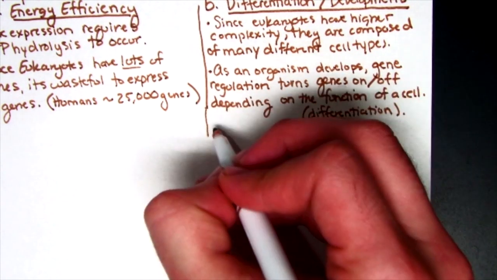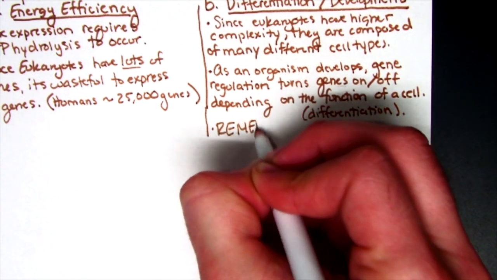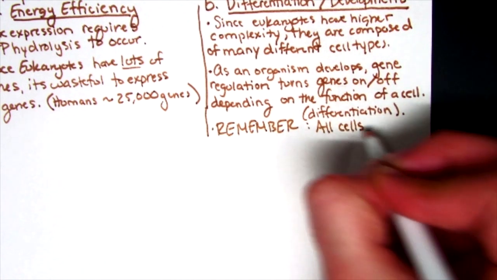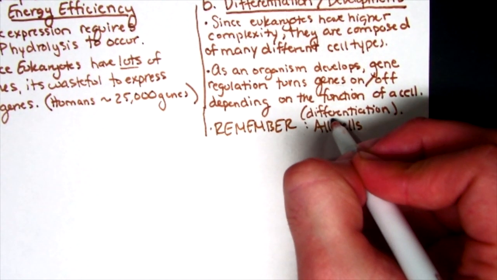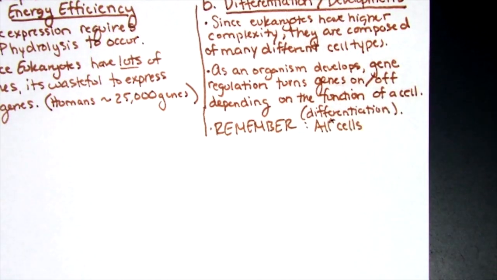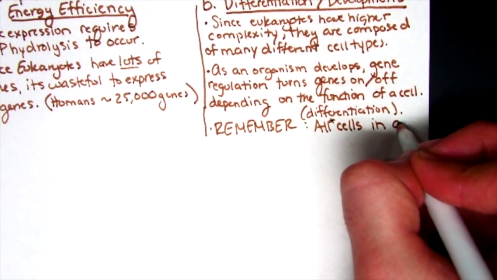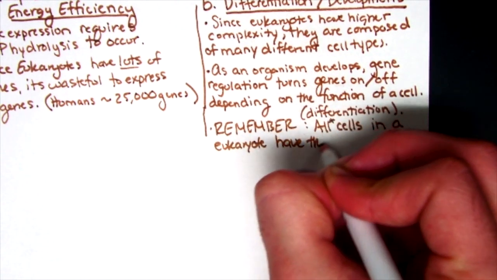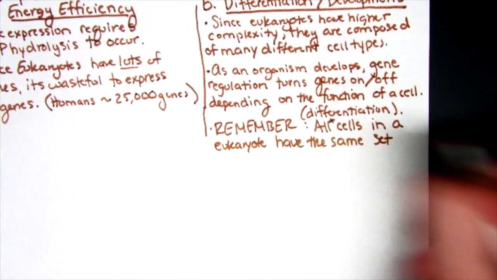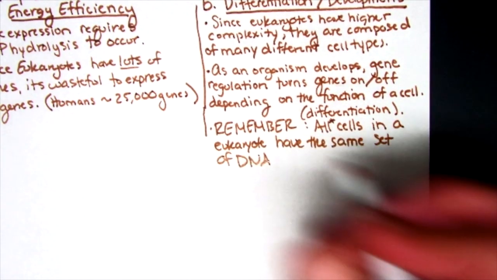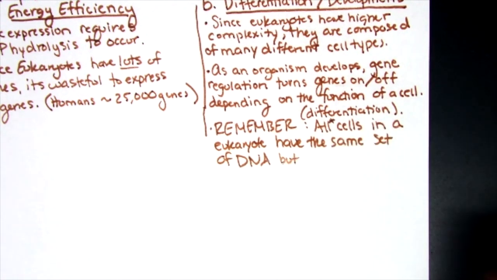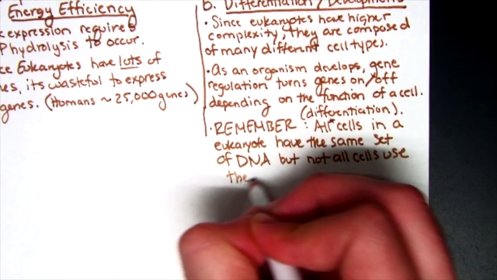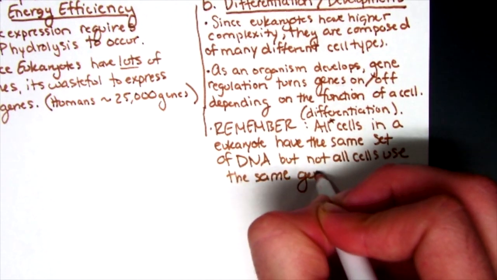And just to remember, big remember here, all cells, or I'll put an asterisk next to all, like 99.9%, all cells in a eukaryote have the same set of DNA, but not all cells use the same genes.